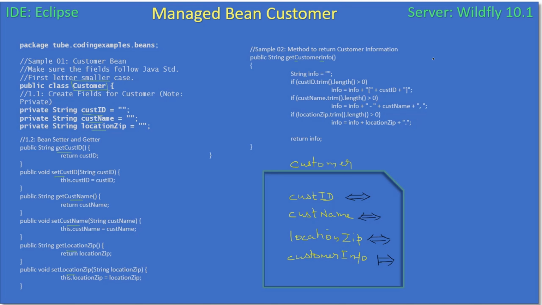So it will come like customer ID, then a hyphen, then customer name, hyphen, customer name, comma, location zip.